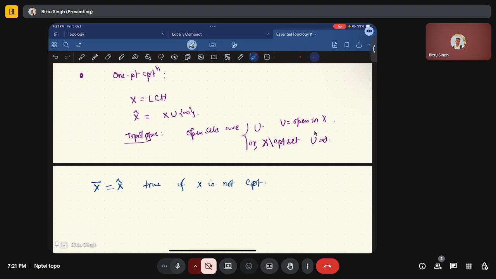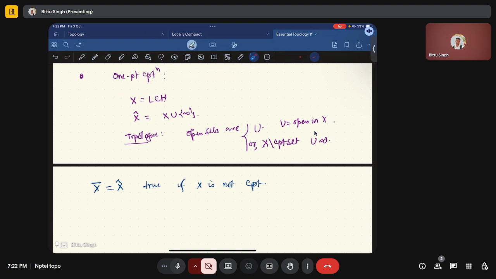Just to clarify, this is the same as the one point compactification given in the book if X is not a compact topological space. X is locally compact Hausdorff but not compact.